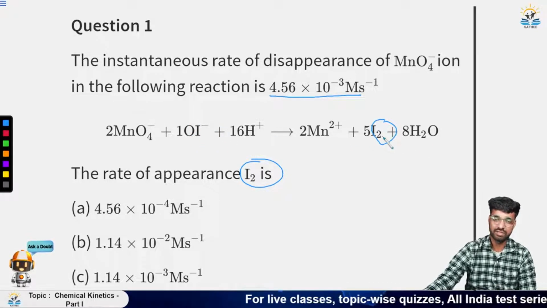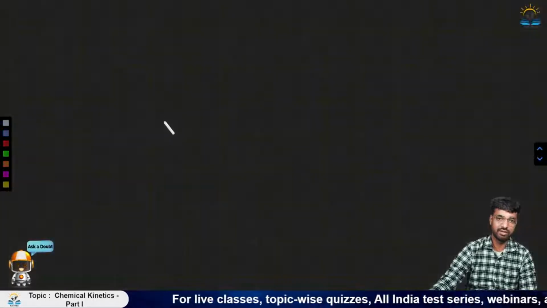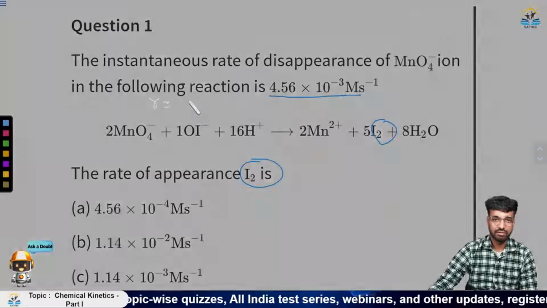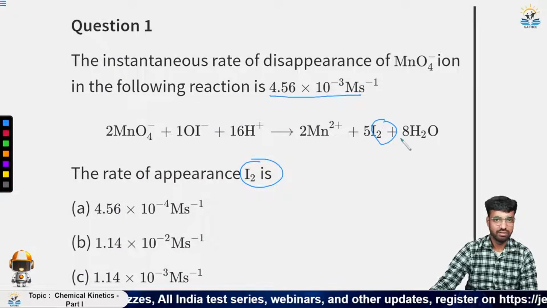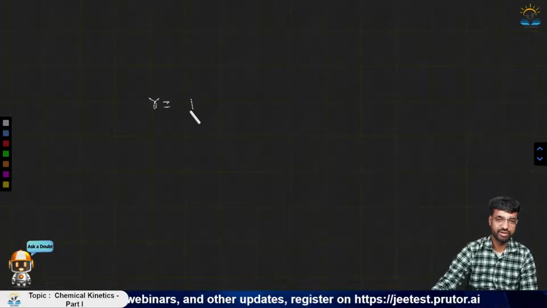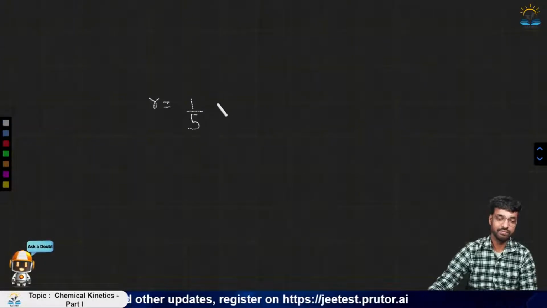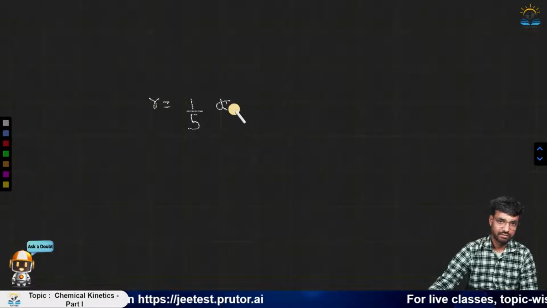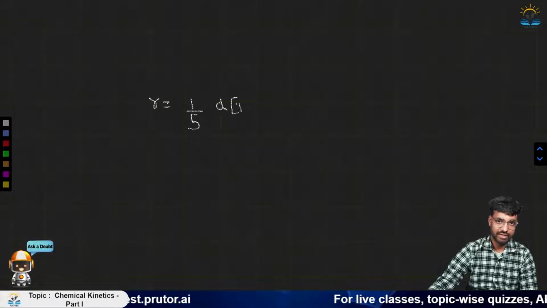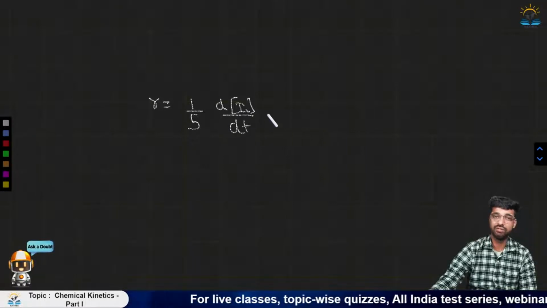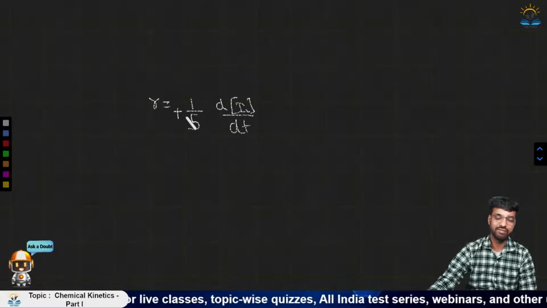Since this is the product, it will have a positive sign. Let us write it. The rate of reaction: this one has a coefficient of 5, so it will be 1 by 5 dI2 by dt. This will be the rate of reaction and it will have a positive sign. Why?